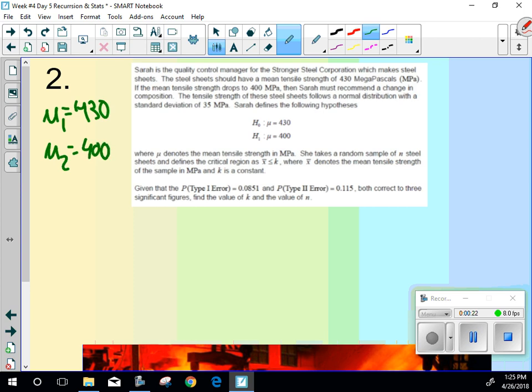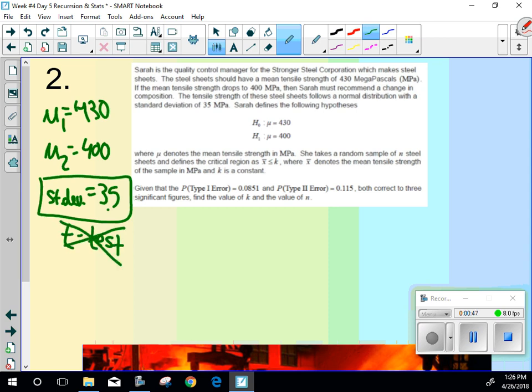And when you are given a standard deviation like this, 35 megapascals, this means that what don't we use? Do we use a normal distribution or t distribution? What does this tell me if I know the standard deviation? What don't I use? No t-test. When you are given the standard deviation, write yourself a note. That helps a lot.